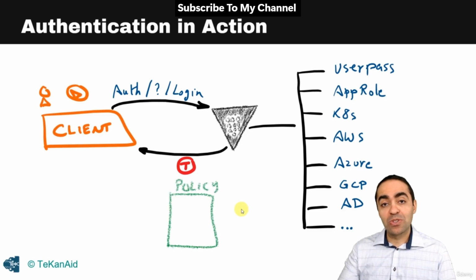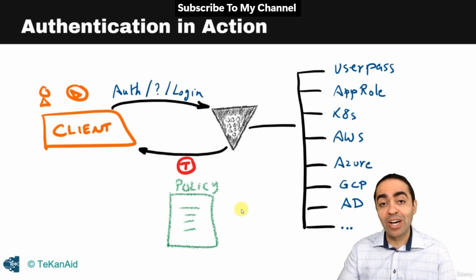And associated with this token is a policy. So this token, once the client has it, can use it to talk to Vault and retrieve secrets from Vault. This token has a time to live, and it expires at the end of this time to live, and Vault no longer will respond to requests based on this token.